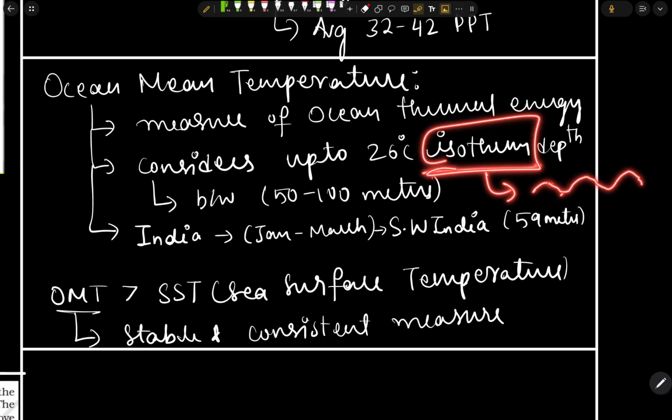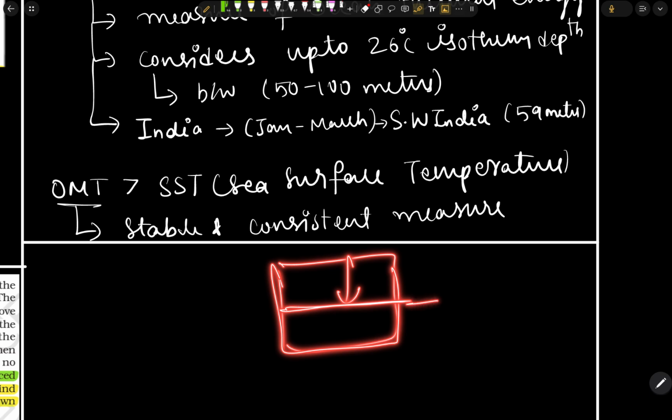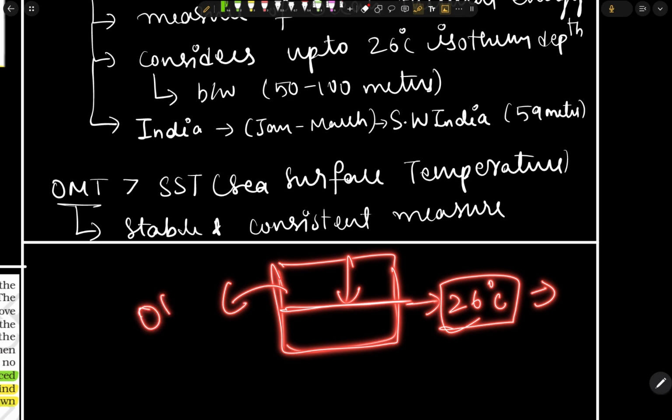So we go into the depth of the ocean up to where it has a temperature of 26 degrees Celsius. This is how oceanic mean temperature is measured.